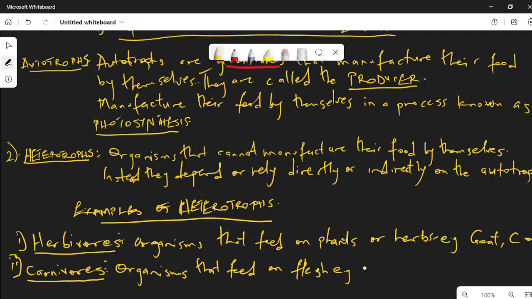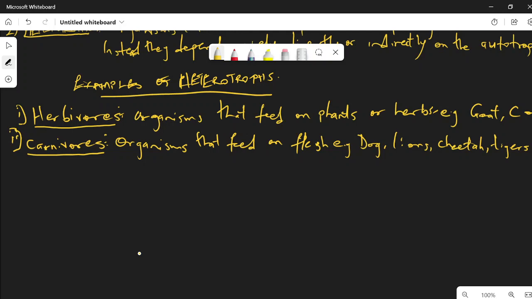E.g., we have the dog, lions, cheetahs, tigers, etc. So those are examples of organisms that feed on flesh.